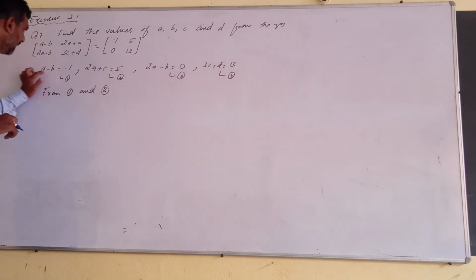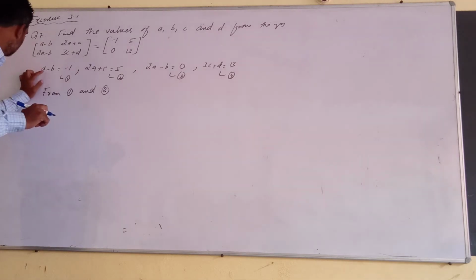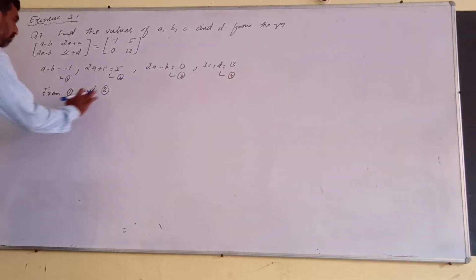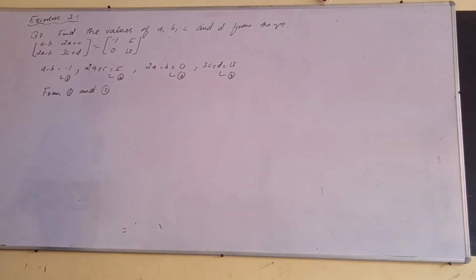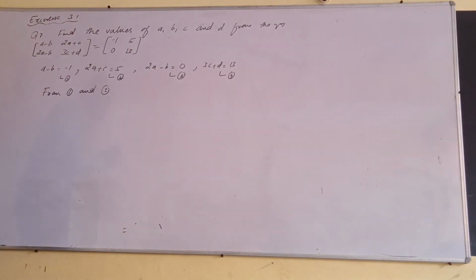Here it is A, here also it is A, but here it is B, here it is C. So unknowns should be the same, otherwise we cannot find the values. What are the unknowns here? A and B. What are the unknowns here? A and B. So we can use equation number 1 and 3. We can't use 1 and 2. We can't use 1 and 4. Unknowns should be the same. Now we will solve it.